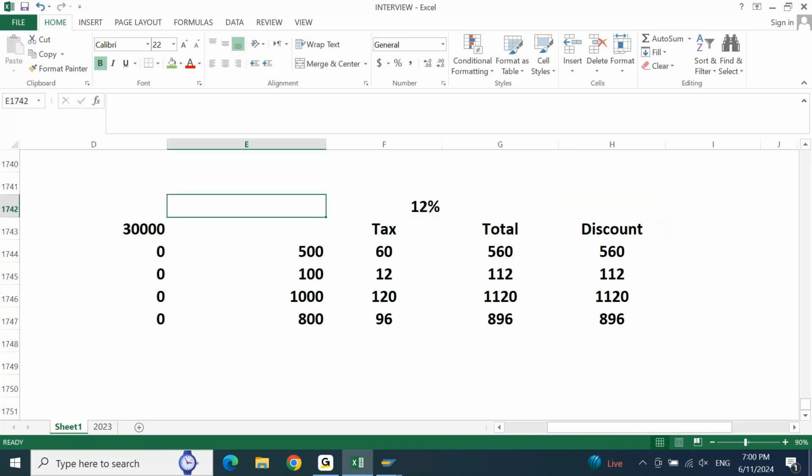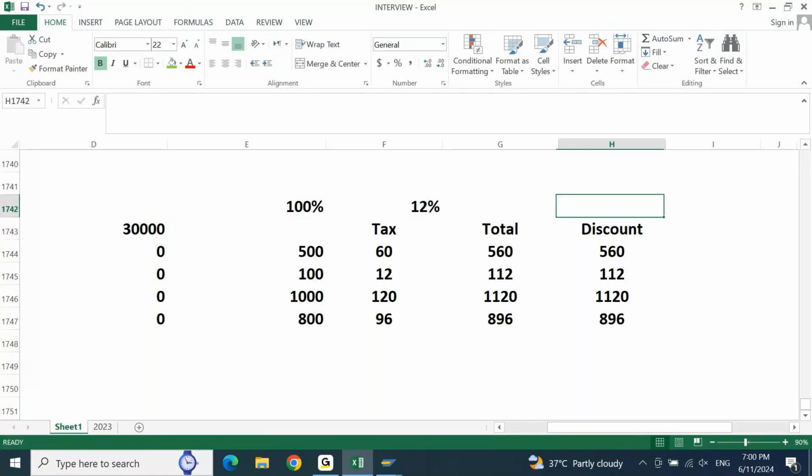Am I correct? You are always going to consider the product value as the base value. Base value is always 100%. Now 100 plus tax is your 112. So your discount is what percentage? This is your 112% discount that you are giving. Is this your discount after tax or discount before tax?